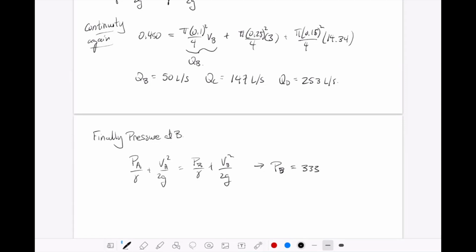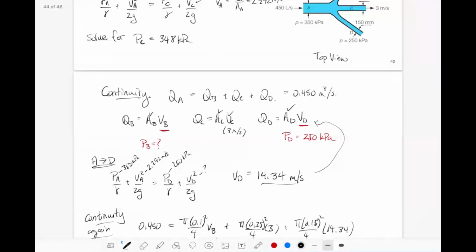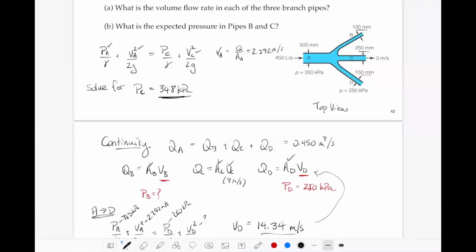PB is equal to 333 kPa. So we have our flow rates through our three sections of tube, our velocity, our pressure at B, our pressure at C. We've answered all of our questions.